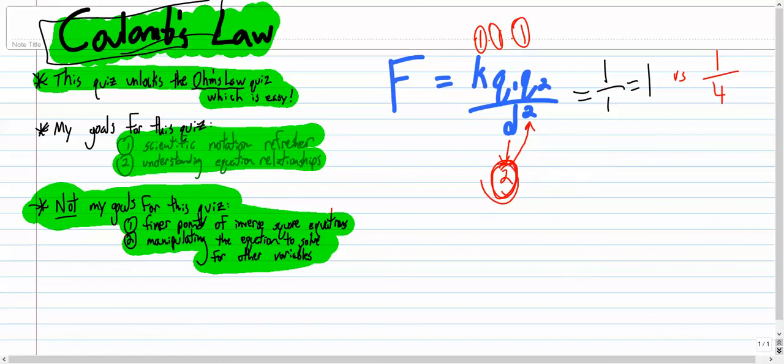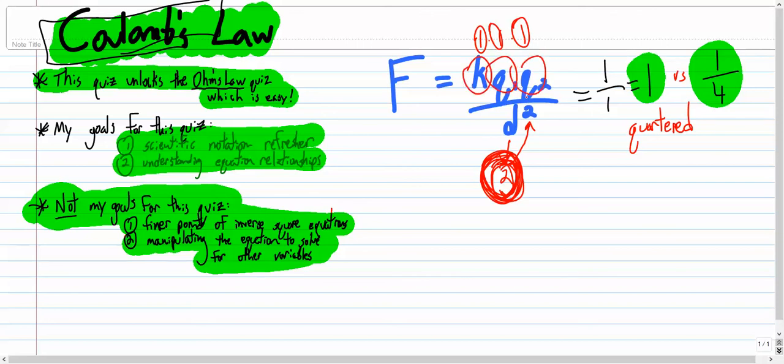If we double the distance, if we move two charged objects twice as far apart, the force goes from being a 1 to 1/4. So we say that the force was quartered. You are going to have to do stuff like this on the quiz. Lastly, I'm just going to plug in some numbers for these four things right here, and I'm going to solve one on the calculator, and that will be the end of this video.